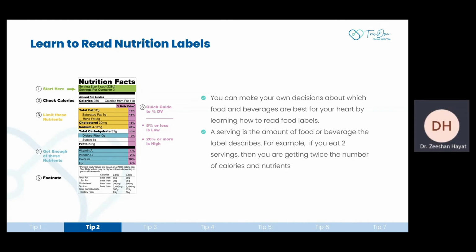Look at how many servings there are, the calories, and what percentage of vitamins and minerals there are. This slide was put so we know what a product has in it when we buy it. Does it have trans fats? Does it have cholesterol? How much sodium are we having? How much sugar are we having? 5 grams of sugar is too much, depending on the product that we're buying.